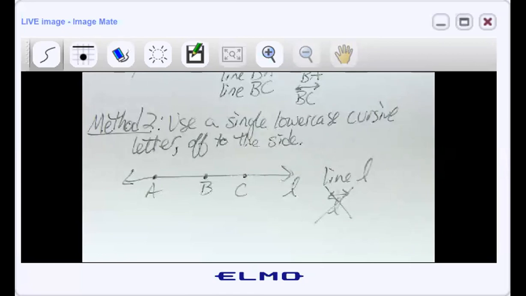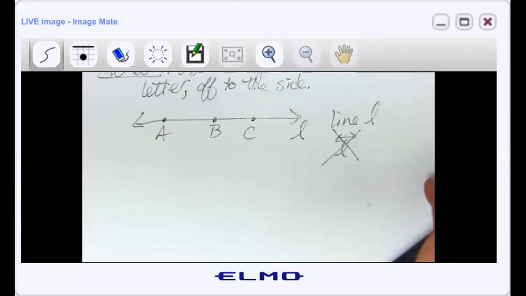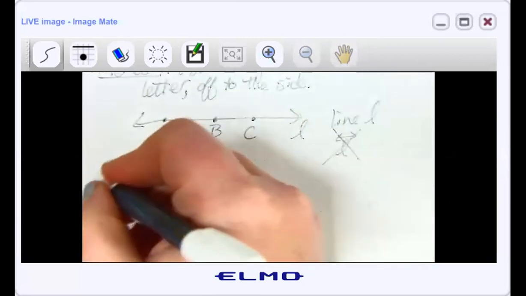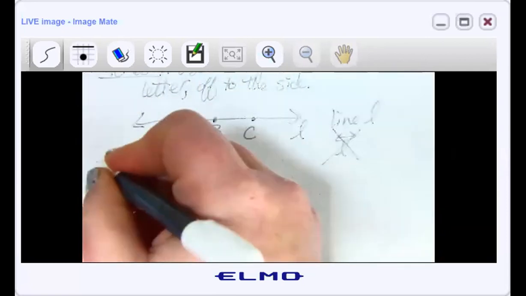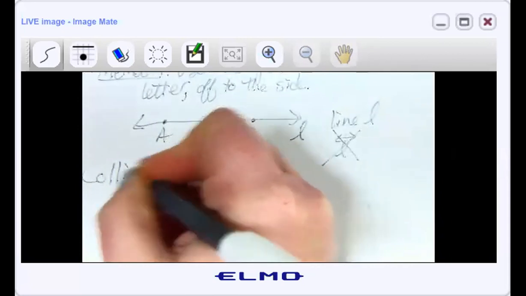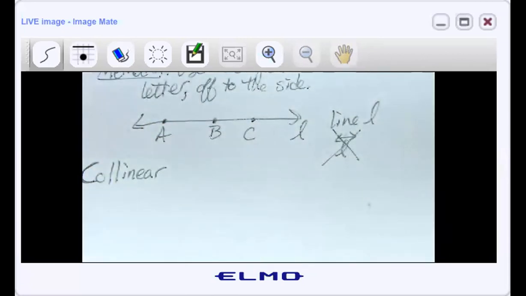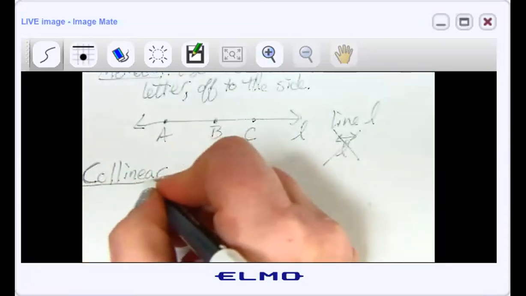Okay, so the only other thing that I want to mention about lines before we move on to planes is a little bit of a vocab word, collinear. Collinear. Does anybody want to take a guess what that word means? Try and take it apart and see if you can. So I'm going to ask you if points are collinear or not. Anybody want to take a guess what they think collinear would be?